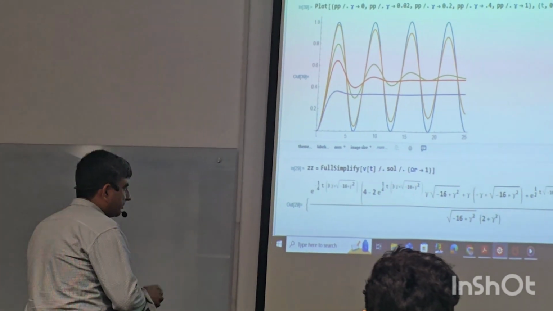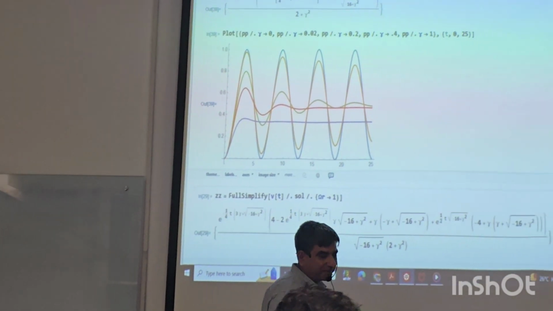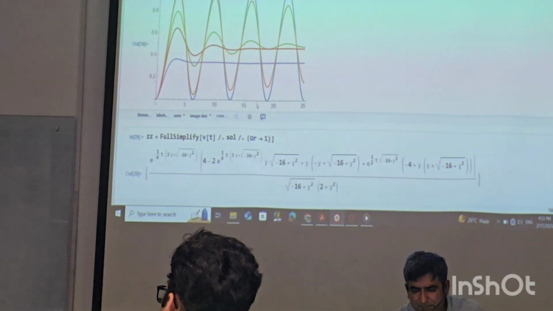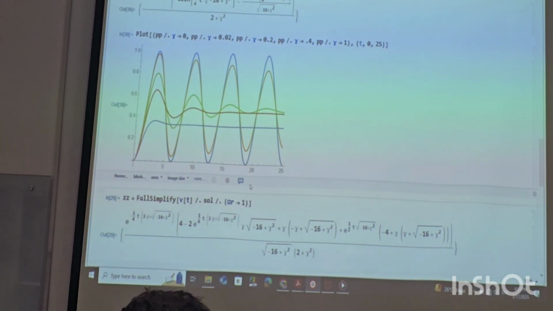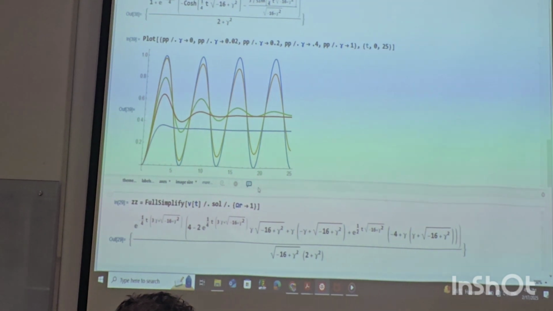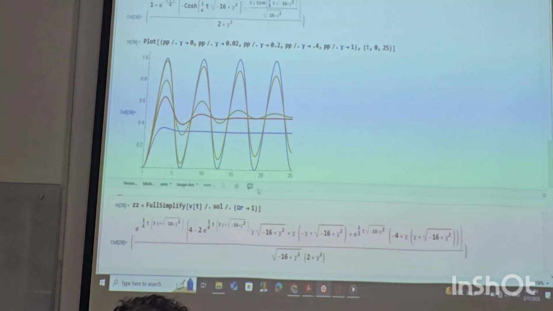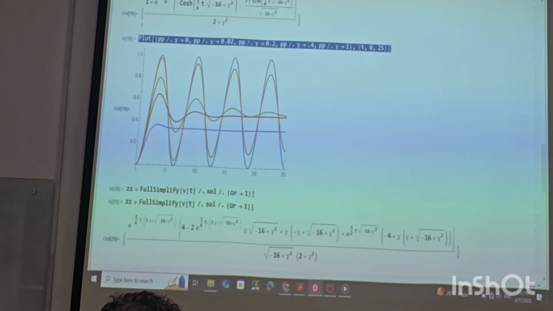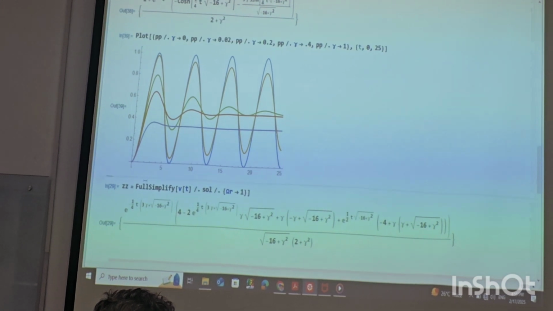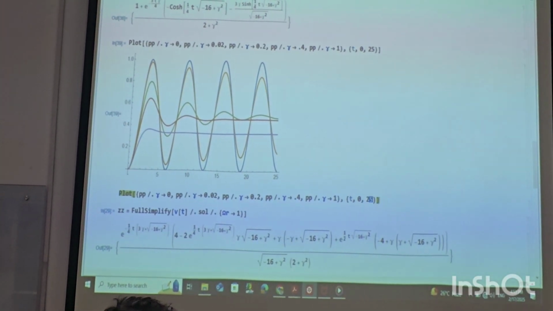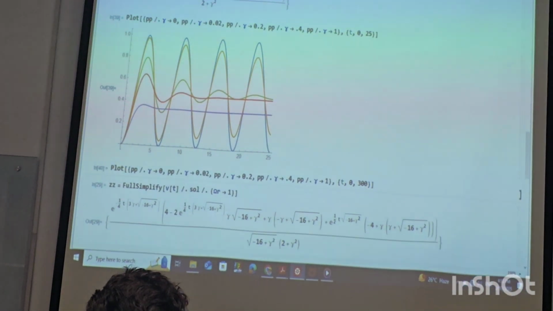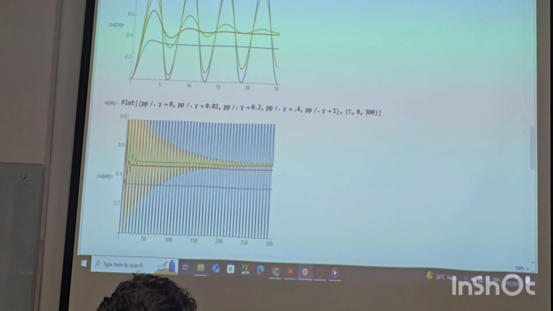So this is a good problem, and in fact I intended to do this today but I don't have time for this. So let me plot these curves for longer times. So instead of t from 0 to 25, let me plot these for t from 0 to 300. Say longer times. 300 Rabi oscillations have occurred.